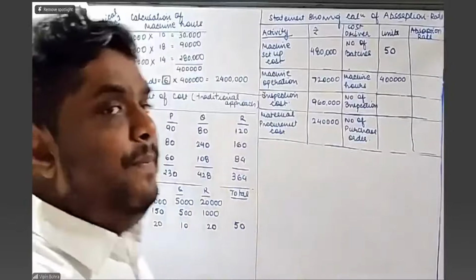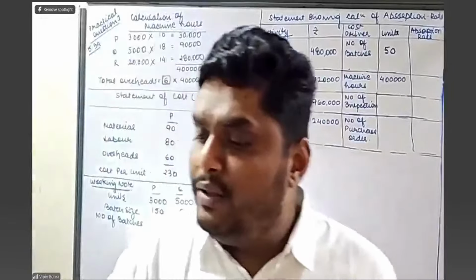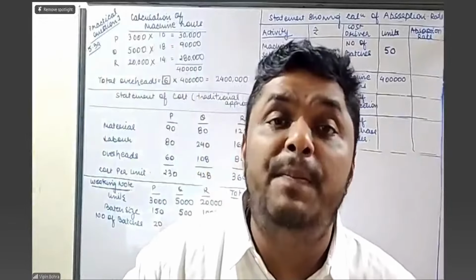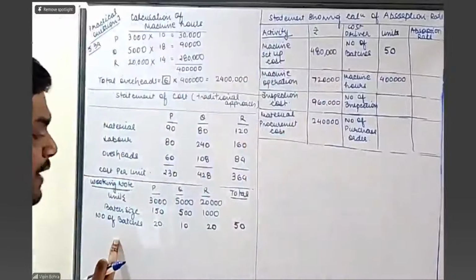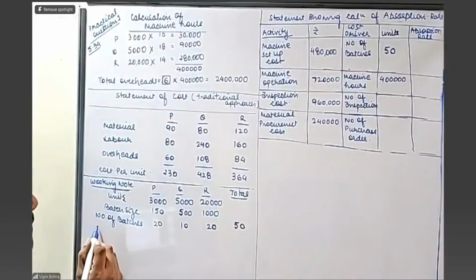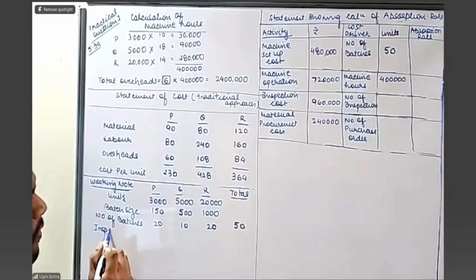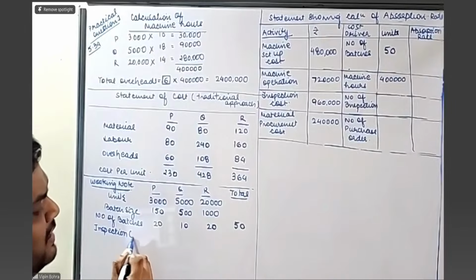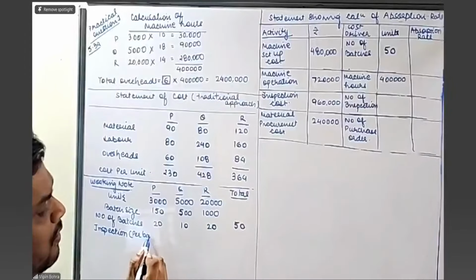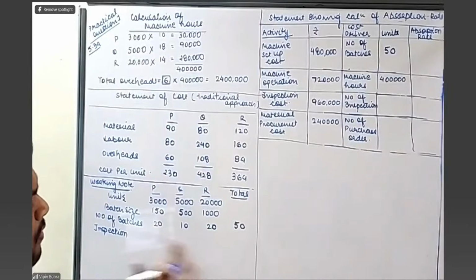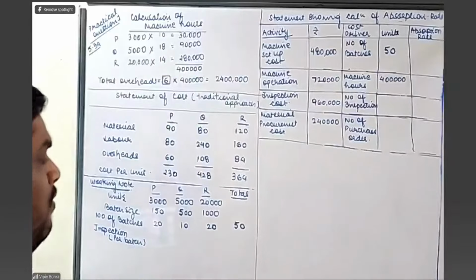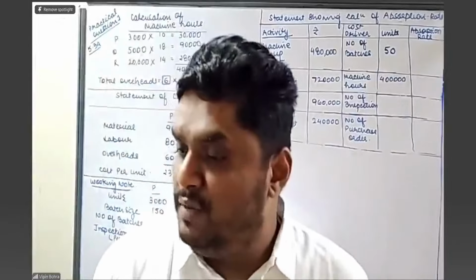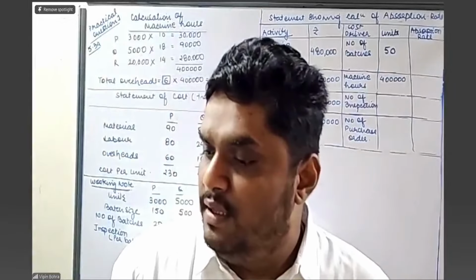Now the next is number of inspections. When talking about the inspection, it is given as number of inspections per batch, that is, how many inspections happen in one batch. So herein we have calculated the number of batches. The number of inspections per batch is given, that is 5, 4 and 3.